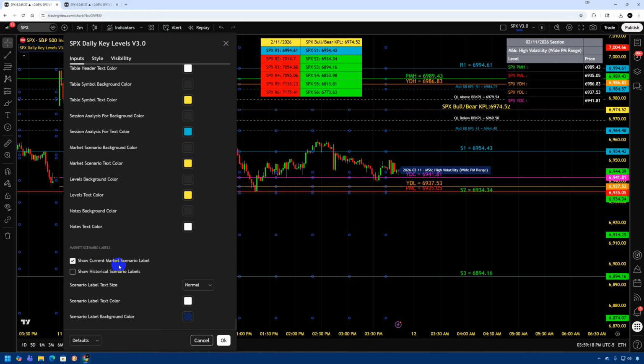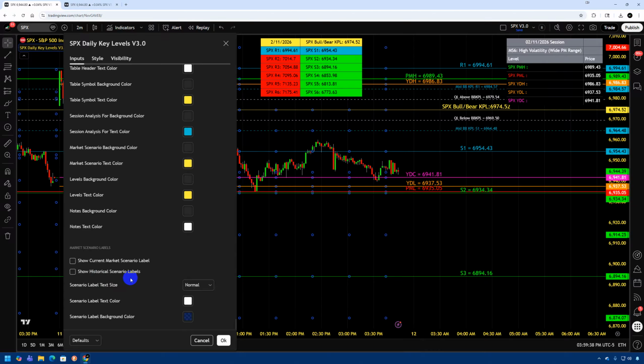Then you can turn on the current market scenario label and it will show you a label on the current candle, which you can change the size and also the text color and the background color of that label.